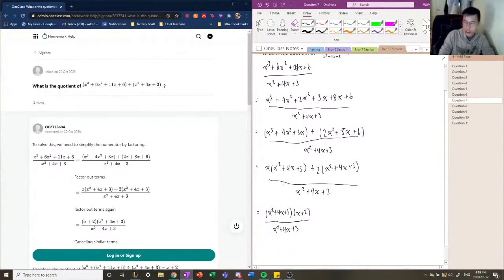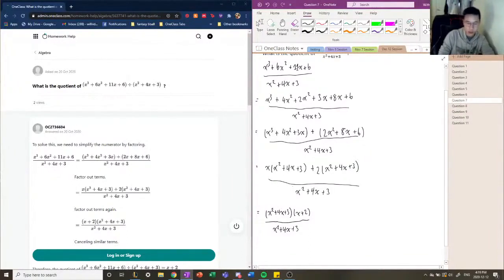So this is what the technique called grouping is, right? You manipulate your polynomial in a way that you have two terms with similar factors. By doing so, you can factor out those same factors and find the factors of your polynomial instead of using cross multiplication or the quadratic formula.